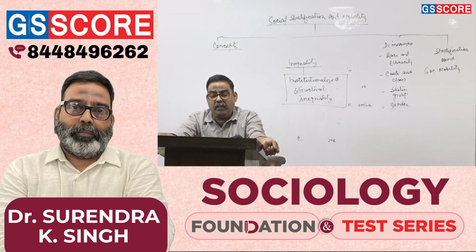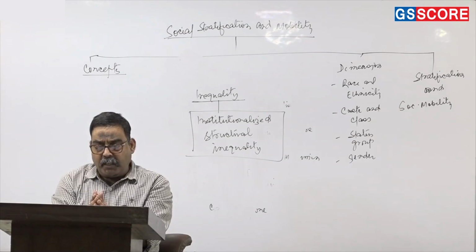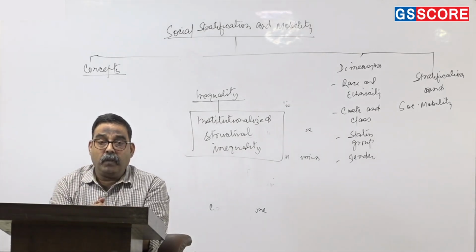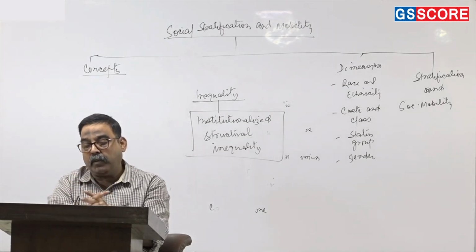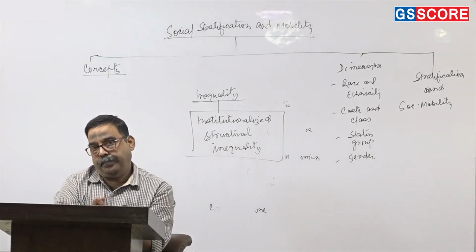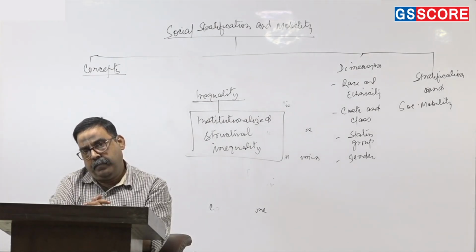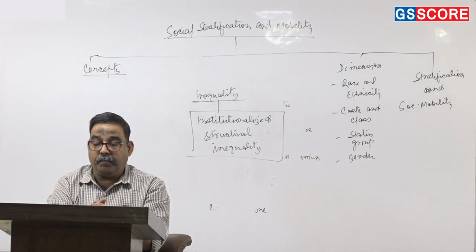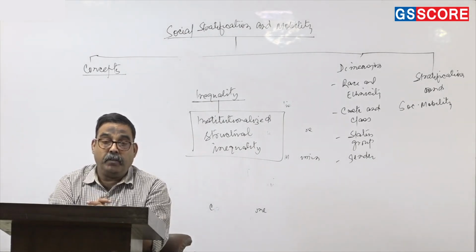A prominent sociologist of the mid-20th century, he says it has widely been recognized in the sociological field that social stratification is a generalized aspect of all social systems. It is a recognized fact that social stratification is a generalized aspect of the social system, and it is linked to the type of integration of society.